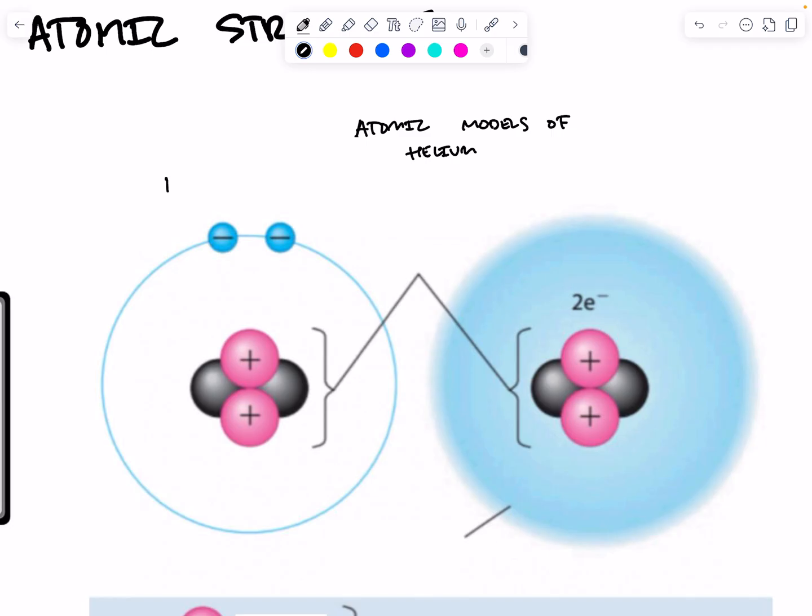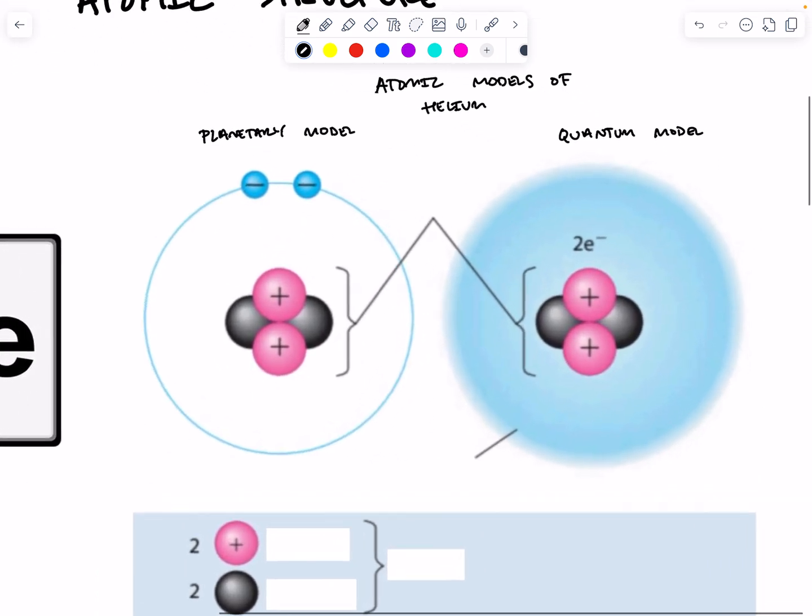This is called the planetary model. It might also be called the Bohr model, the person who proposed it. And then this is the quantum model. There are two different images showing us essentially a very similar thing.